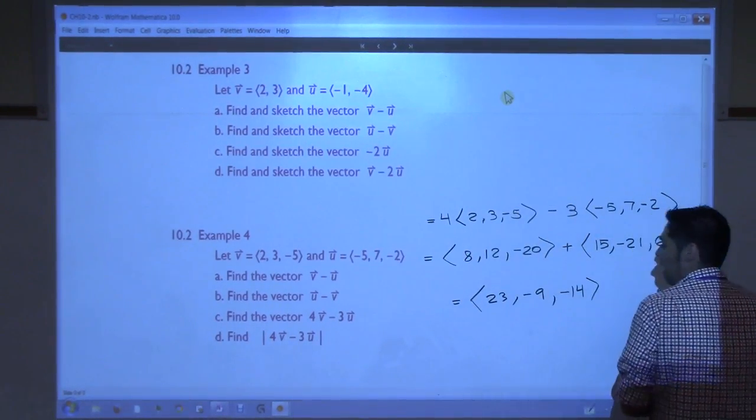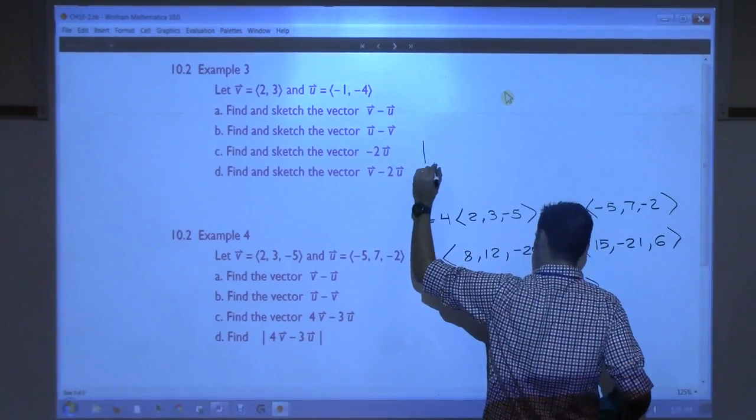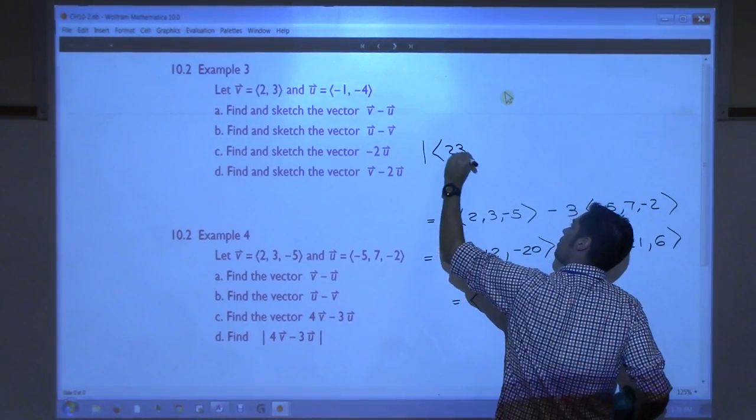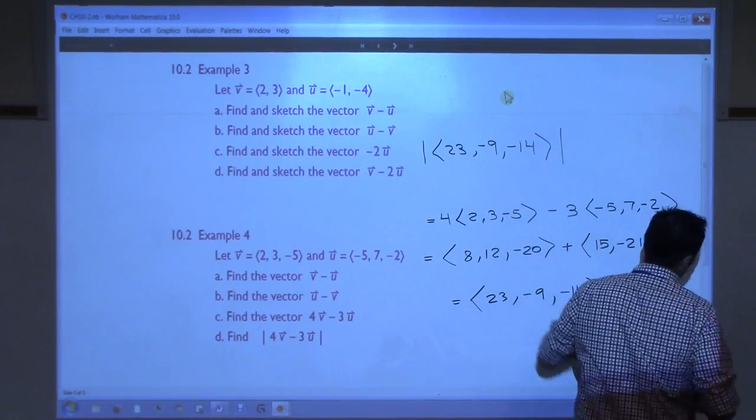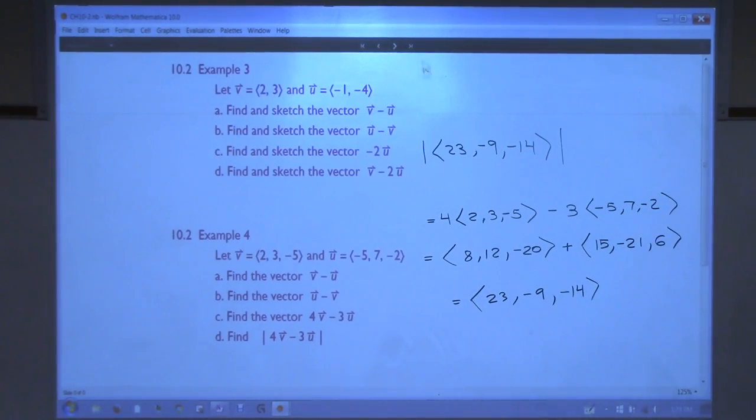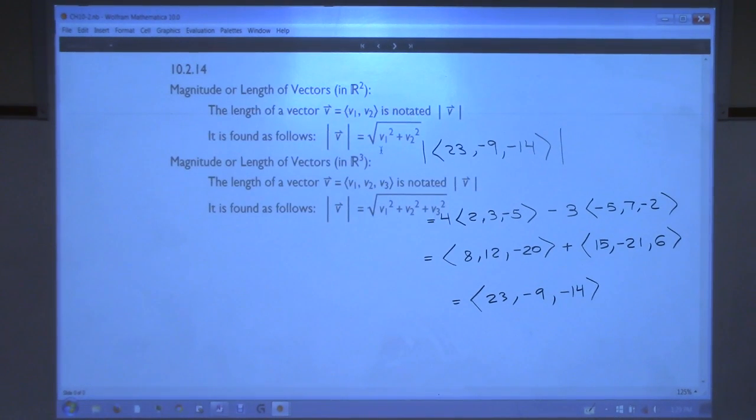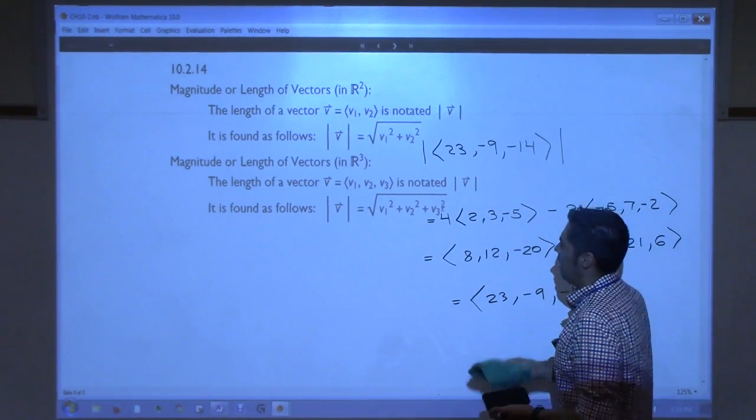So how do we find the magnitude of a three-dimensional vector? I'm just using the formula from the previous note, right? This one right here. The magnitude of a vector v in three-dimensional space is, how could we say this in math language?